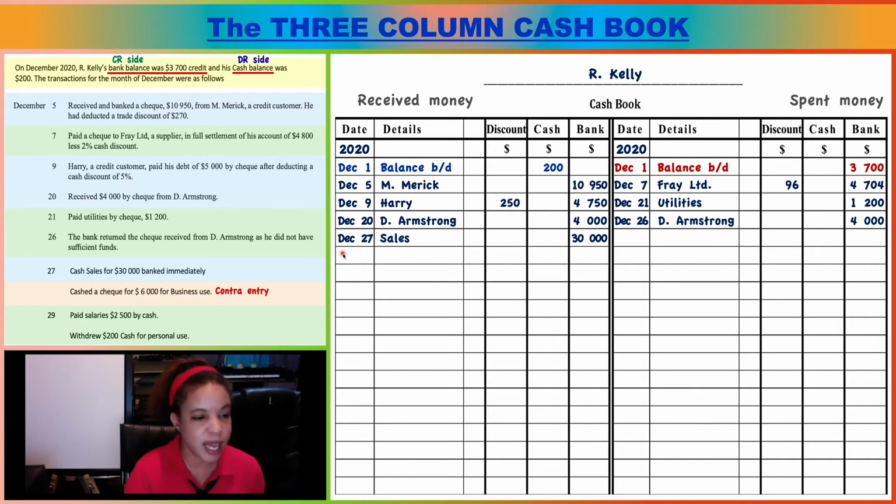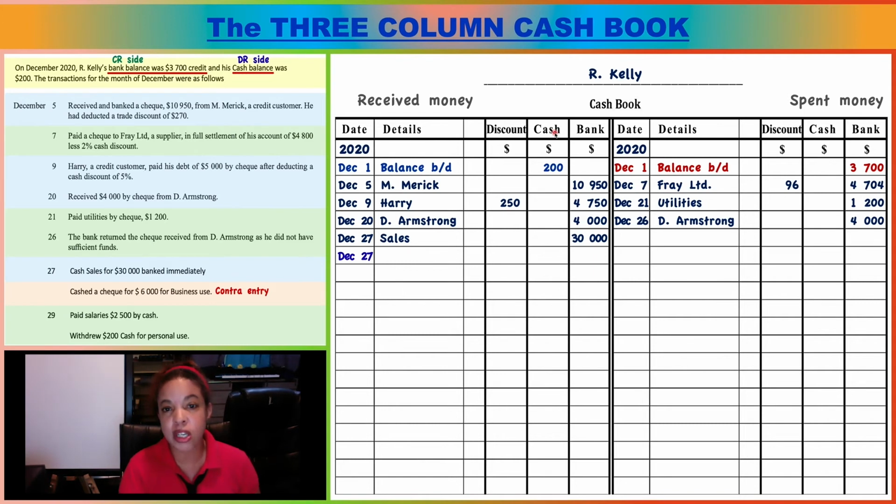Okay, so what we have is we start with the debit side. So the date would be the 27th. You ask yourself which one increased. If you cash a check, that means you got cash from the bank. So your cash in hand is what increased.